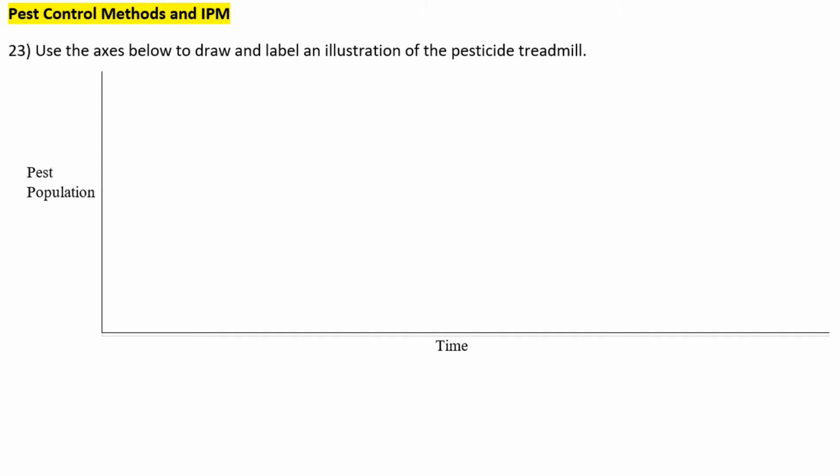Use the axes below to draw and label an illustration of the pesticide treadmill. So, I'm going to label this with time, year, and pest population. Start off 0 here, then all the way up here, 600.